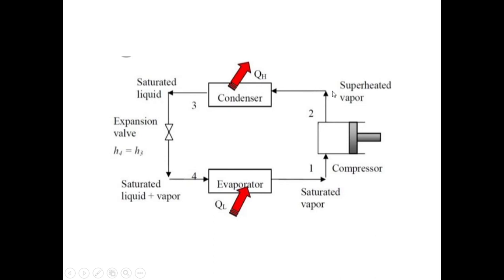So when that superheated vapor enters into the condenser coil, here you have a cooling media. Here you have high temperature vapor refrigerant which is at higher pressure, so it rejects its latent heat to the outside atmosphere and gets condensed to liquid refrigerant. So after the condenser, you have a saturated liquid coming out of the condenser.